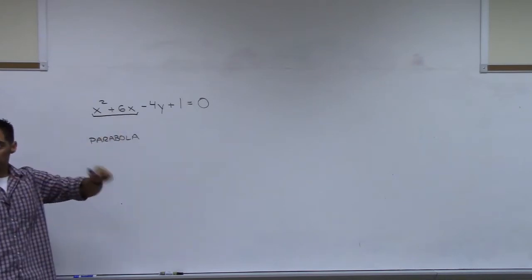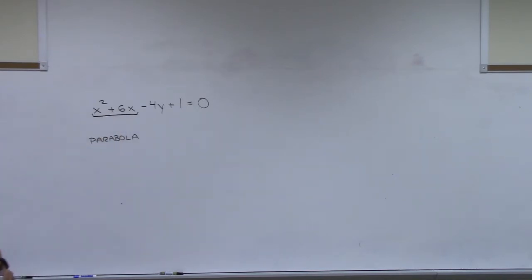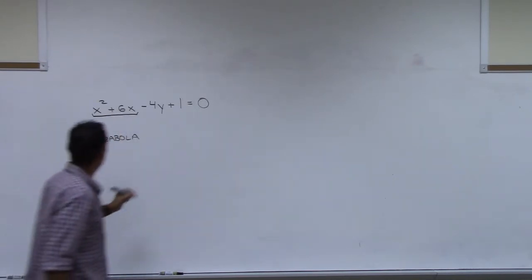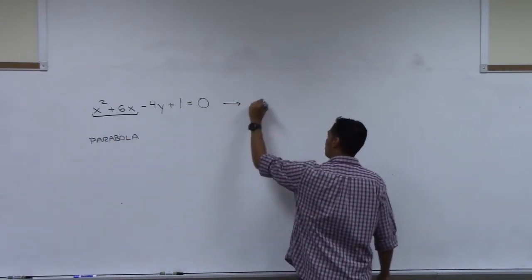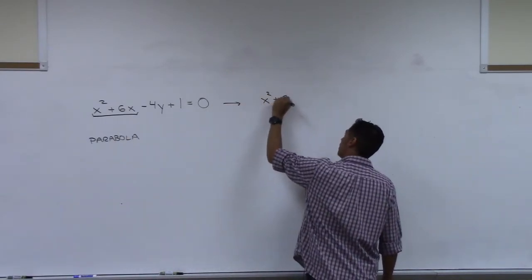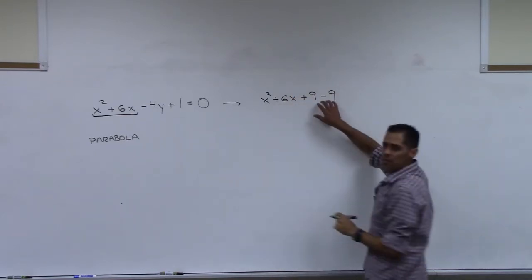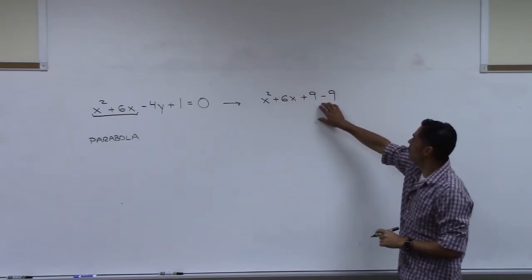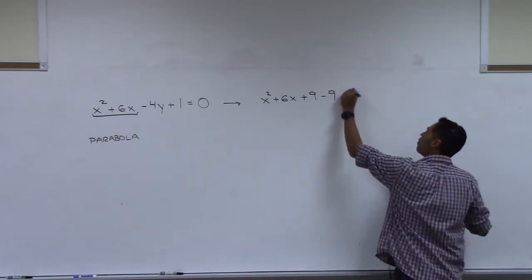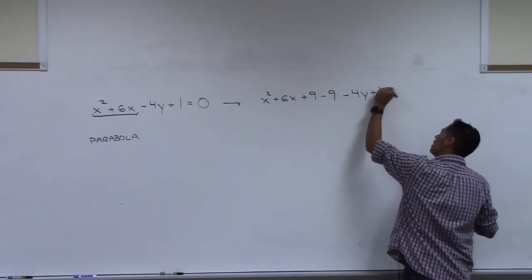I'm going to add and subtract 9 at the same time. So this becomes x squared plus 6x, adding the 9, subtracting the 9. That's that hidden 0 that we've done several times now. And then I still have minus 4y plus 1 equals 0.